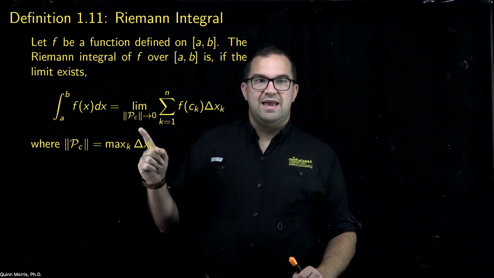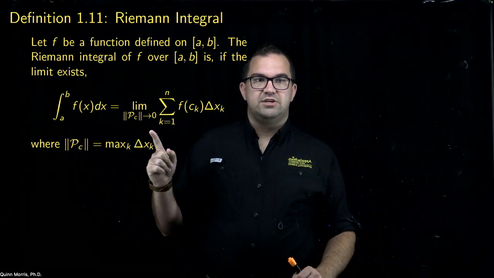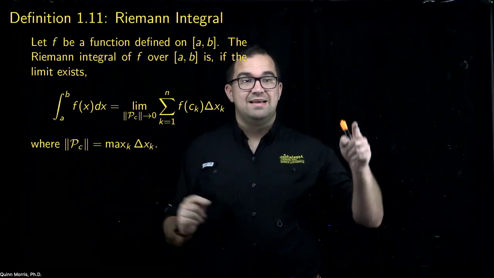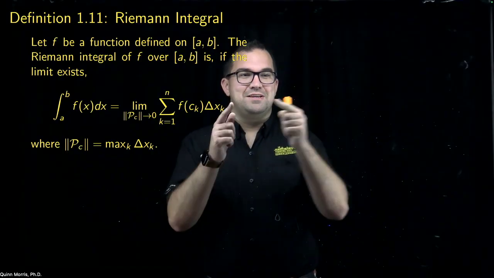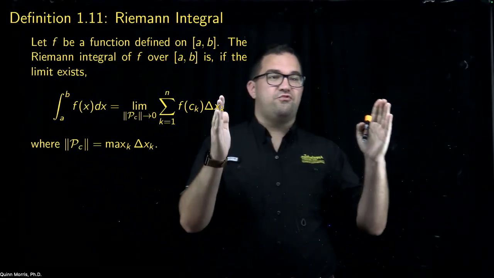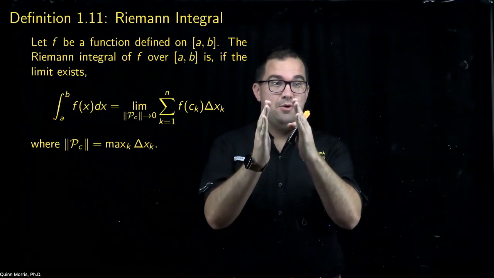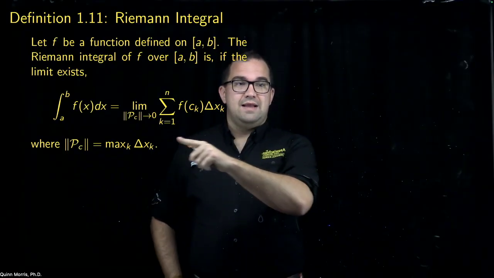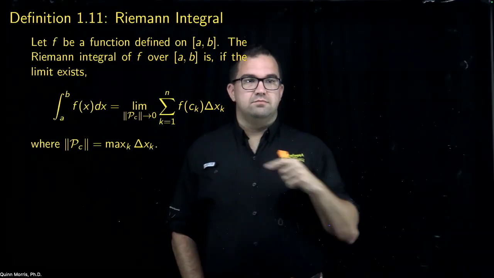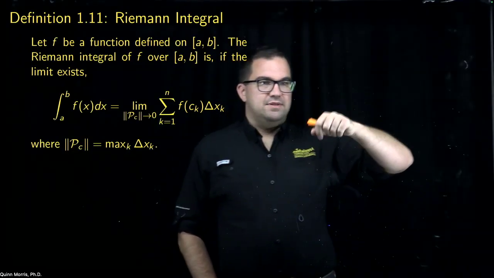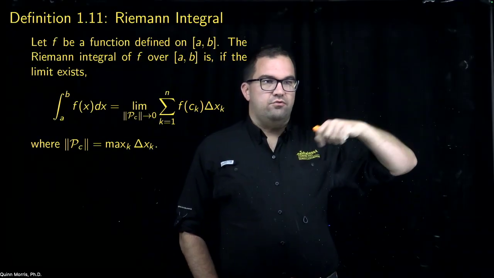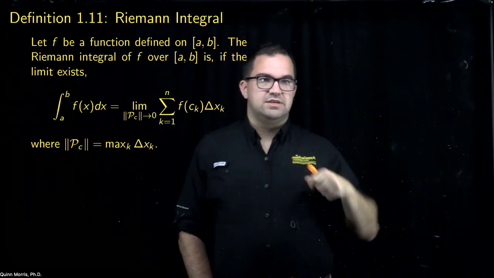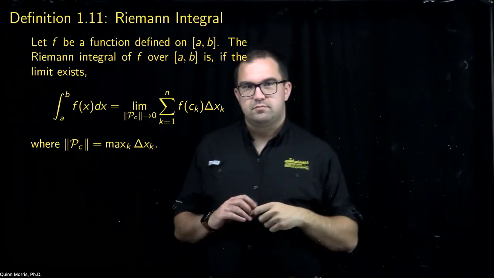So if the norm of my partition goes to 0, that means the biggest subinterval is still getting smaller and smaller. If the biggest one is getting small, then all the other ones have to be getting small as well. So the idea is to take Riemann sums over all these partitions where the norm of the partition is getting smaller and smaller.